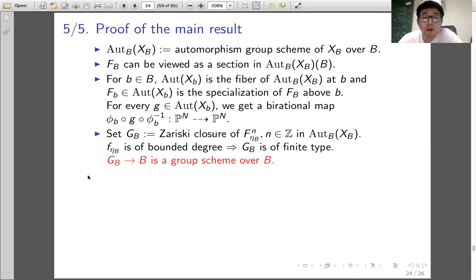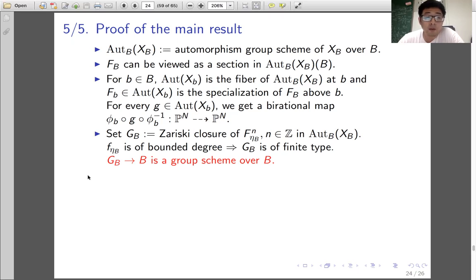Okay, now we denote by G_B the Zariski closure of F_{η_B}^n, n in Z, in Aut_B(X_B). Because we know that this F_{η_B} is of bounded degree, this G_B is of finite type.